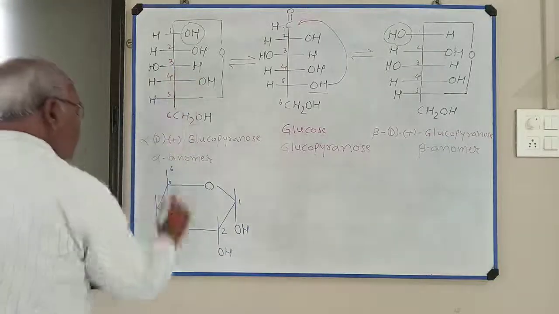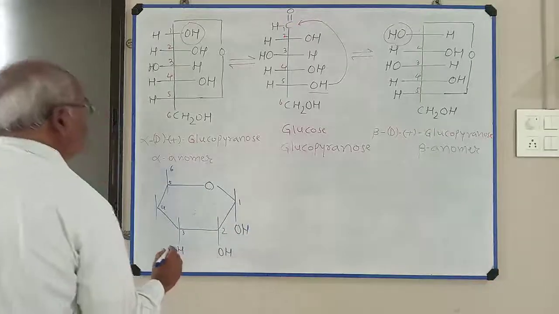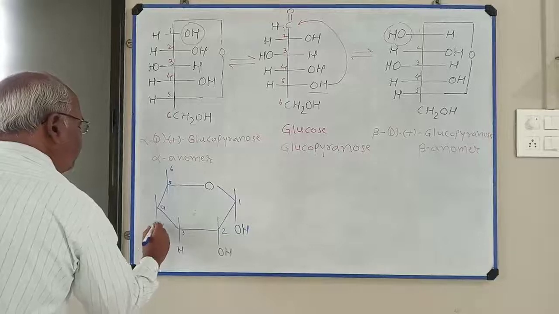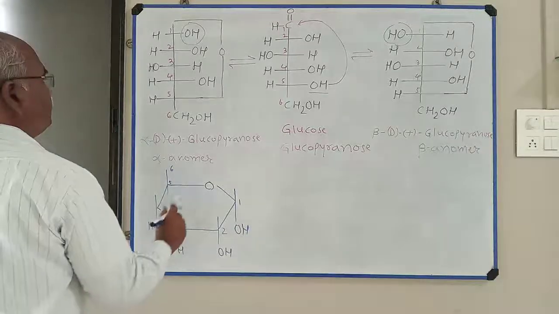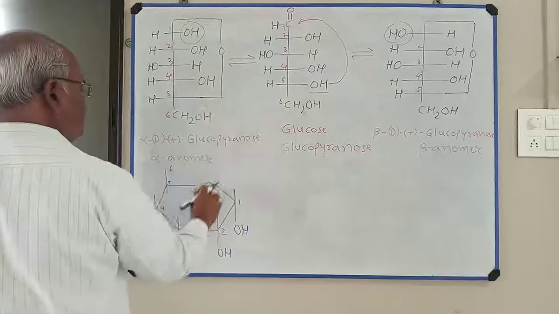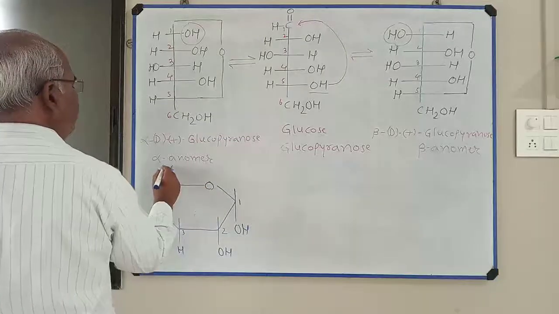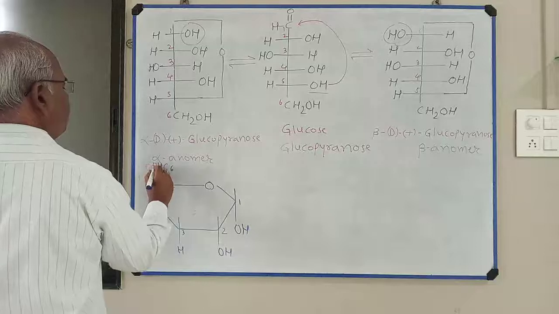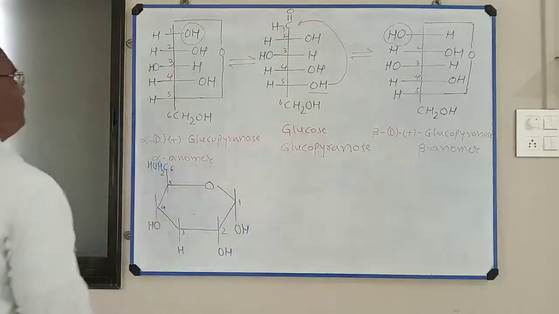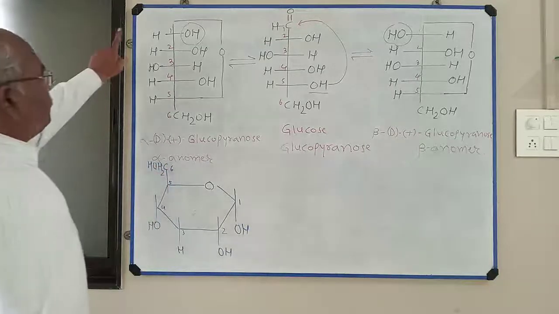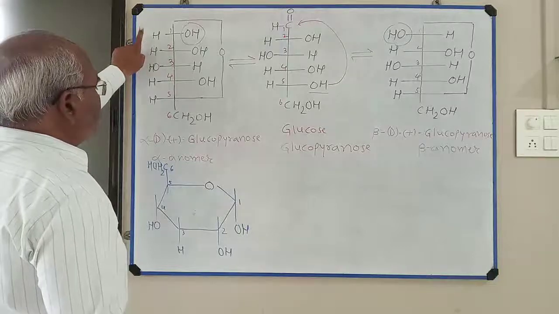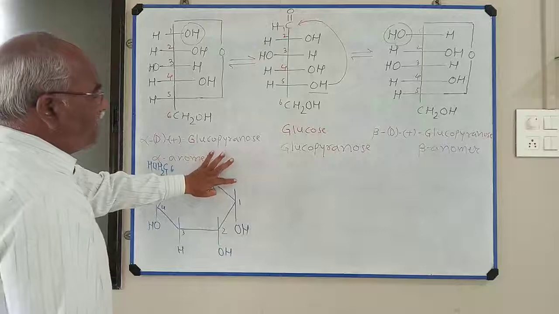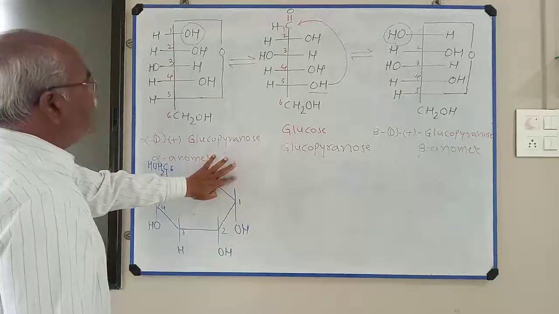At third carbon here is hydrogen. At fourth carbon here is OH. Fifth carbon here is oxygen, and here is CH2OH. Sixth carbon, CH2OH. The groups which are present on the left hand side are represented upward.